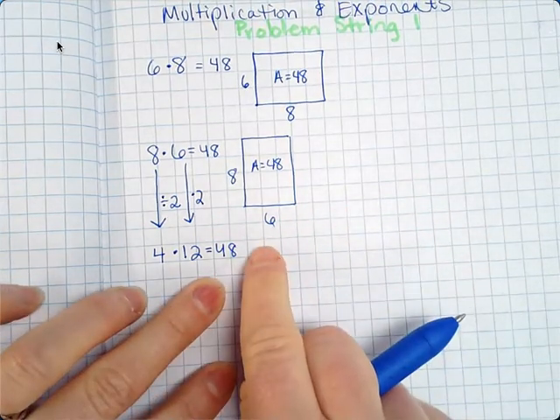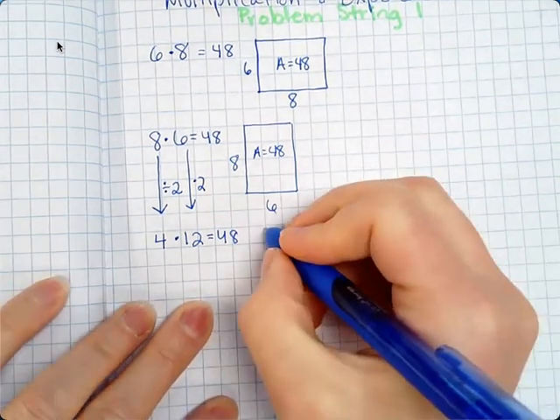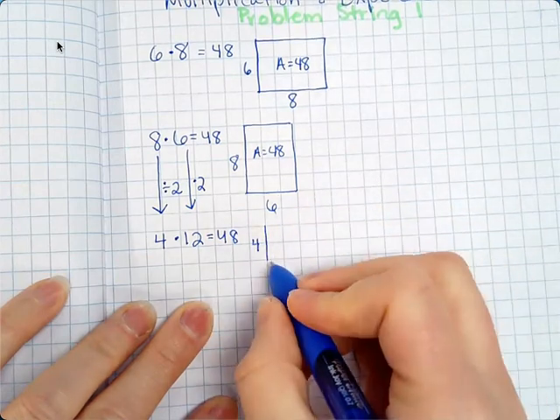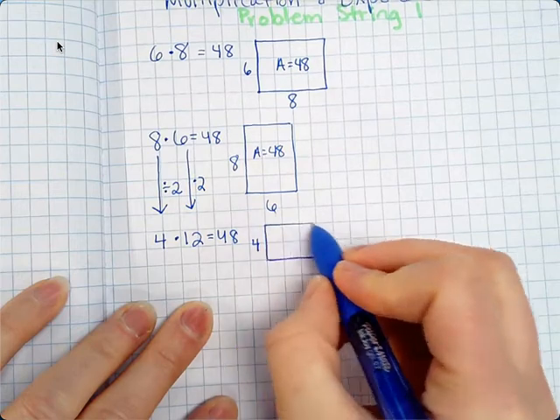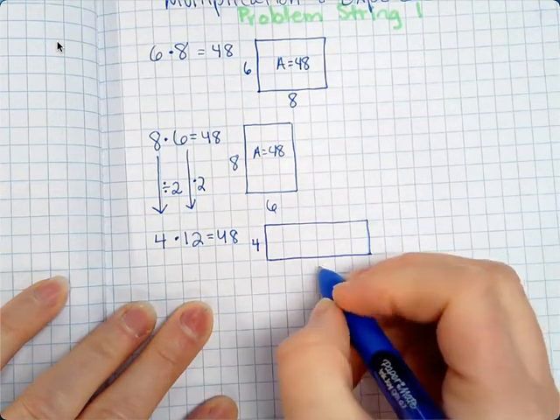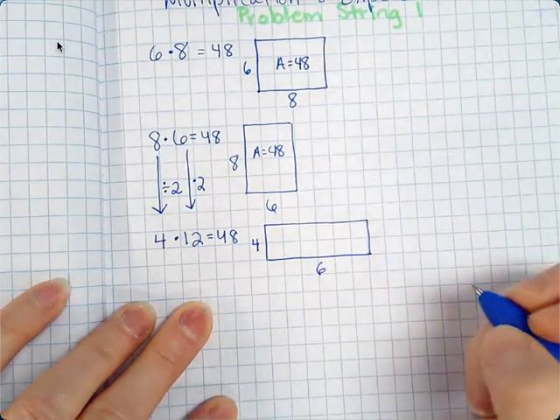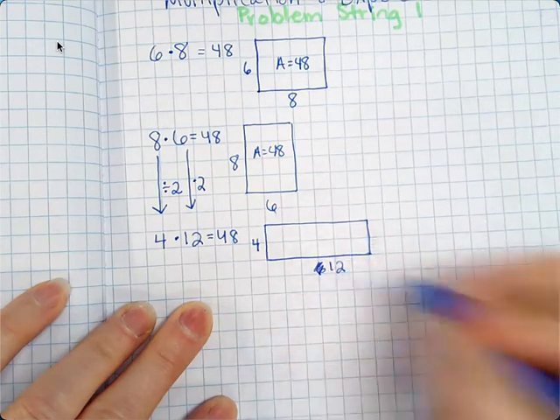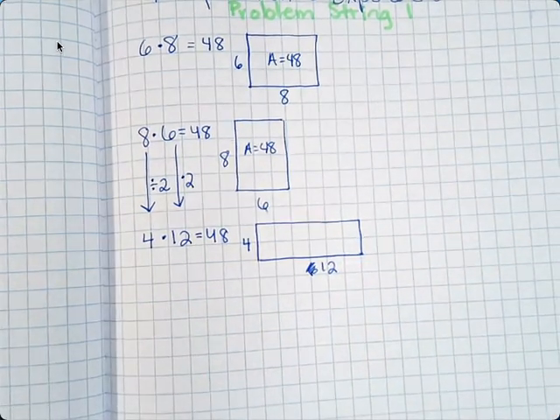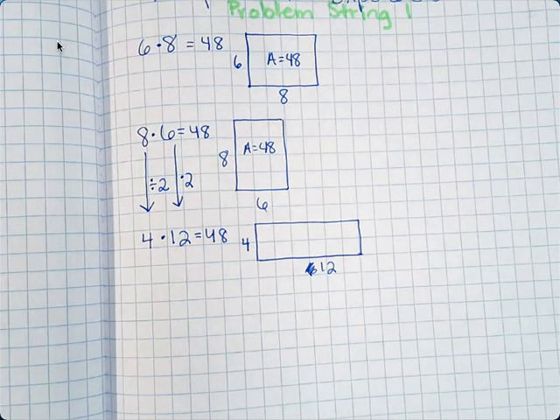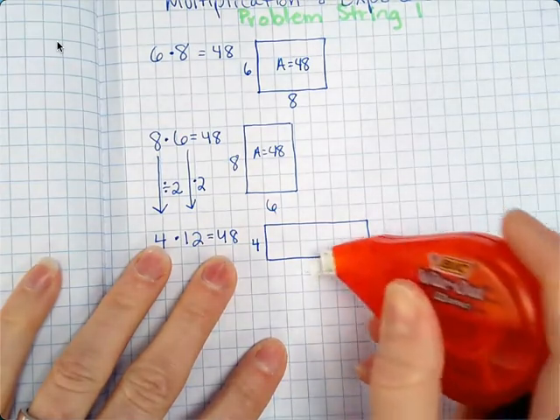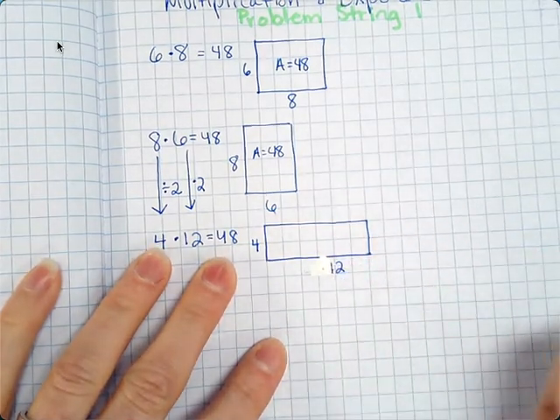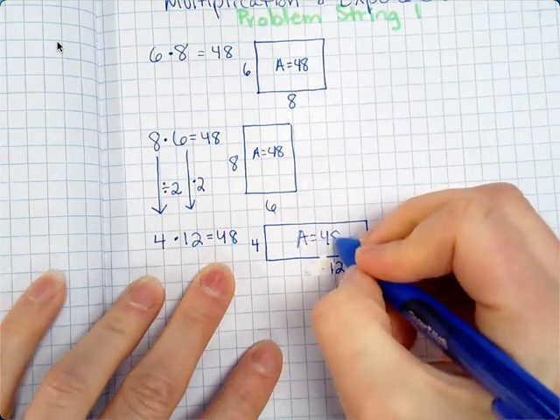Again, we're counting each box as 2. So this would be 4, and then we'd need to go 12, which is 6, sorry. And so we know that that is also 48.